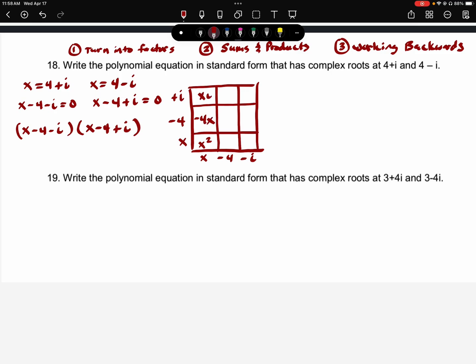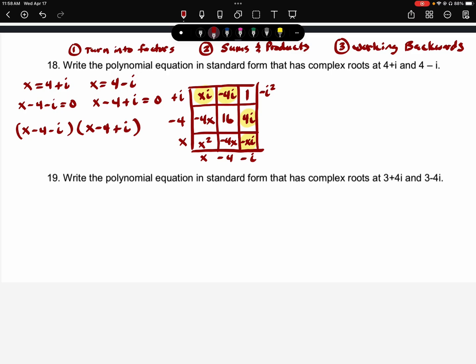We have xi. Here we have another negative 4x, a positive 16, a negative 4i. We have a negative xi. We have a positive 4i, and then we have negative i squared, right, which is actually the same thing as positive 1. And remember, there's always a couple here that end up canceling out.